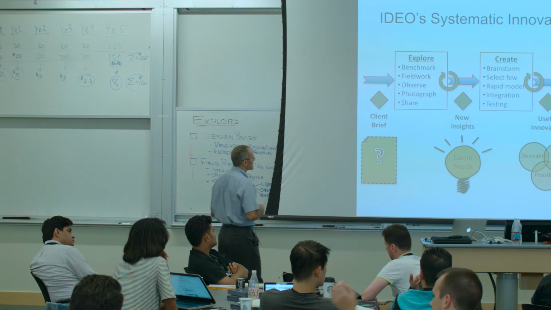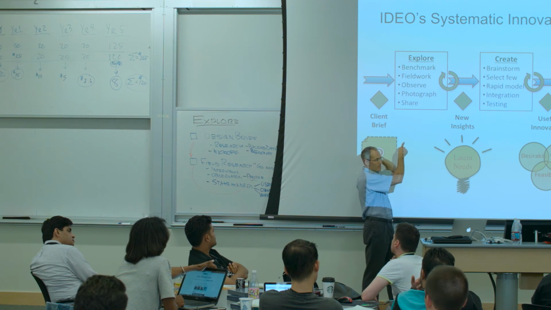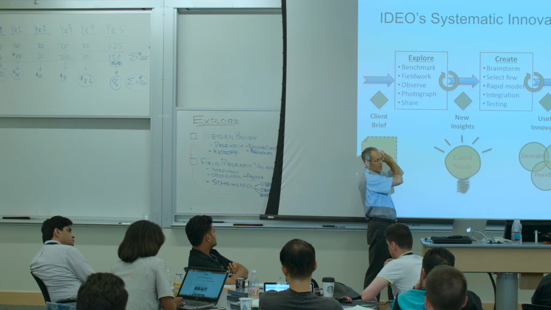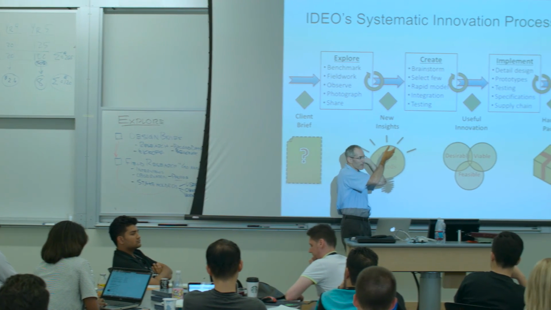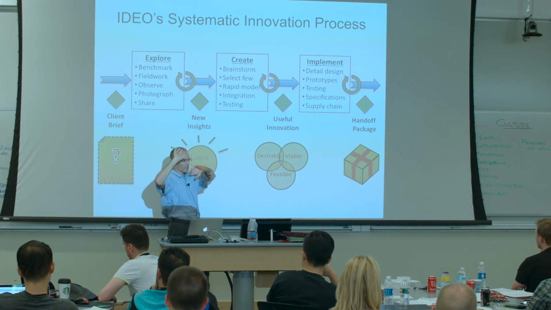Yeah, so you could think of it that way, although I'd actually like to think that in exploring, we're exploring not just the market, we're also exploring the competition, and we're exploring maybe price points and all that kind of stuff. And in creation, we might actually be thinking about that whole ecosystem of the product, the service around it, the price point, the feasibility.